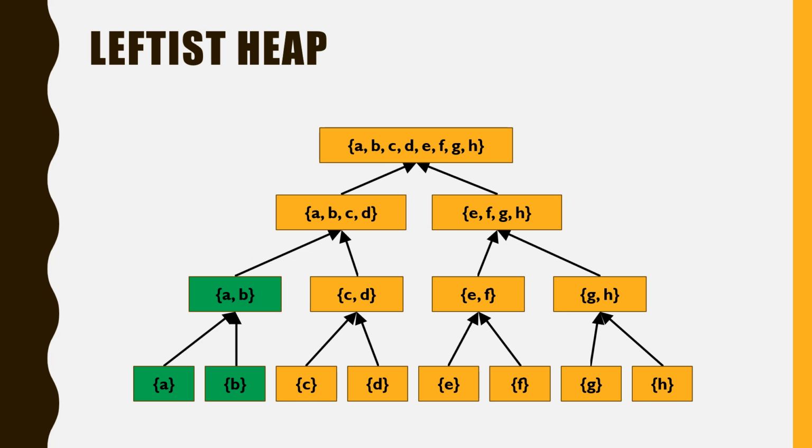Next, pairs of single element heaps are merged to form size 2 heaps. For instance, the heap containing A merges with the heap containing B, resulting in a size 2 heap containing both elements A and B. This merging process continues recursively, combining pairs of heaps at each level, until all elements are included in a single heap.